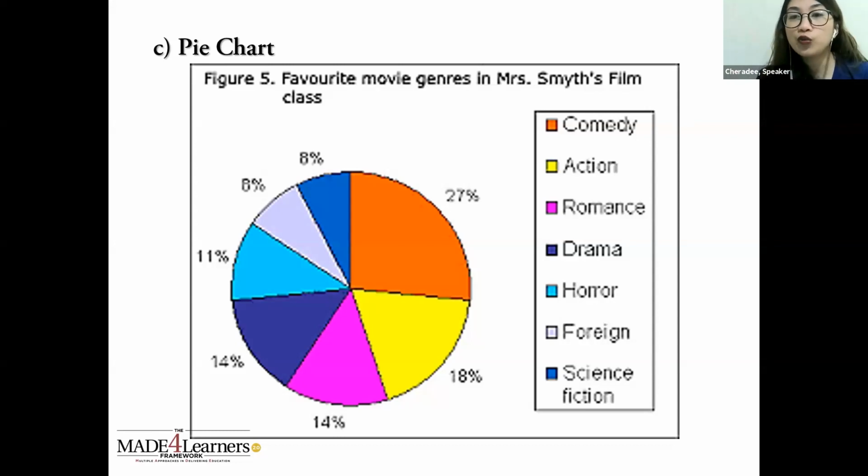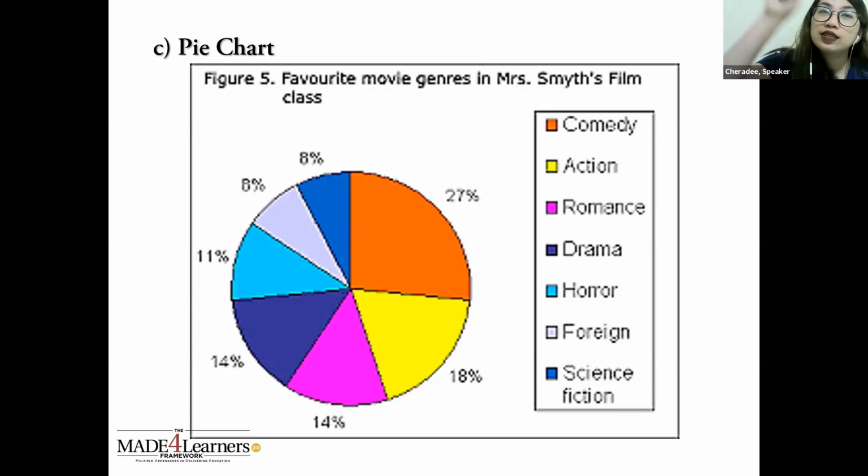Next, it is also wrong without a legend, because we won't know what the orange means. Or you can also put the label, comedy, in the pie chart. But if the chunk is too small, let's say just 1%, then the label will not be clearly seen.